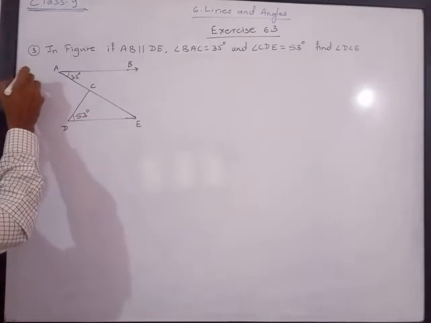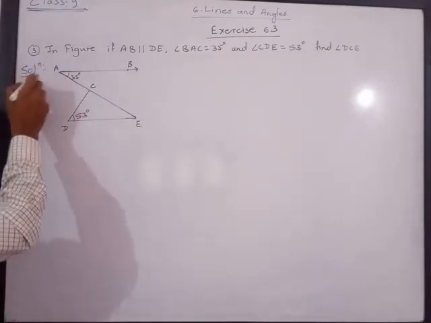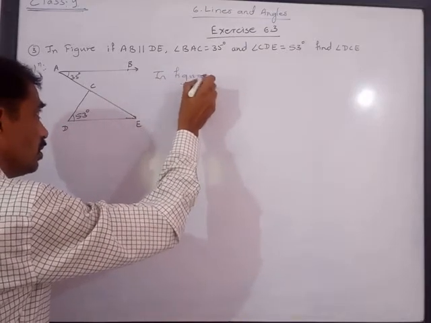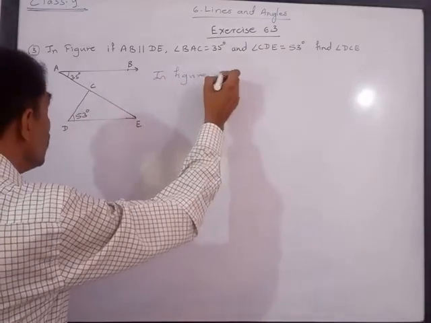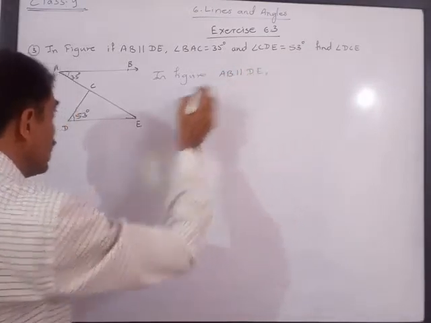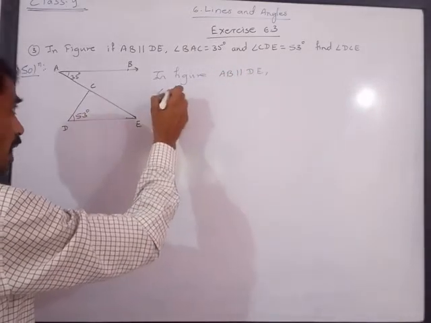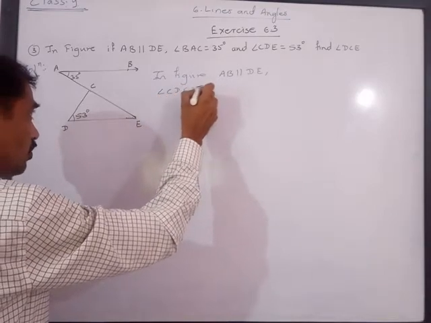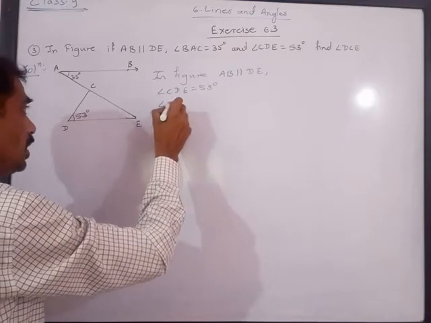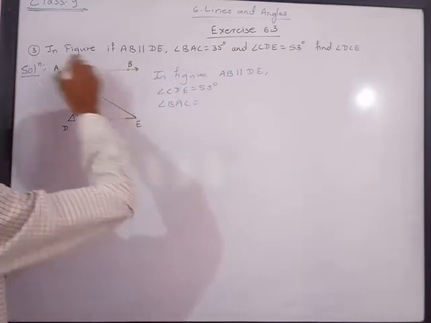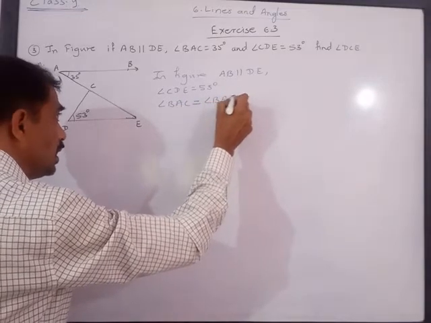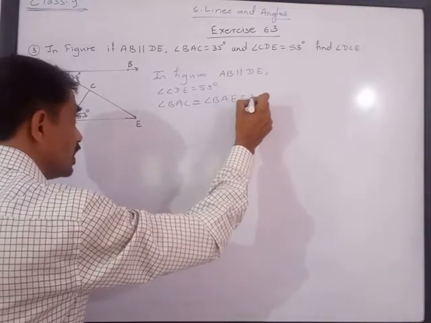So first thing is draw the figure and write the given things. In the figure we are given AB is parallel to DE. Then angle CDE is equal to 53 degrees, and angle BAC is equal to angle BAE, that is equal to 35 degrees.